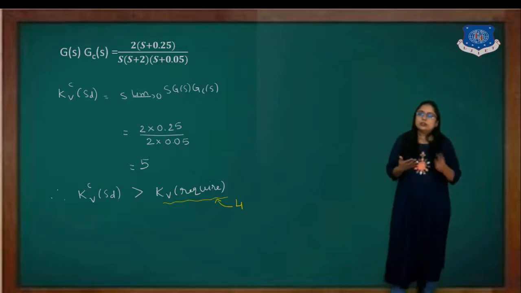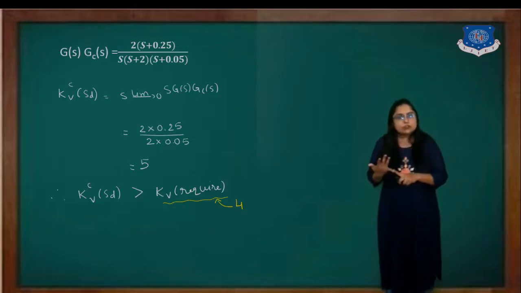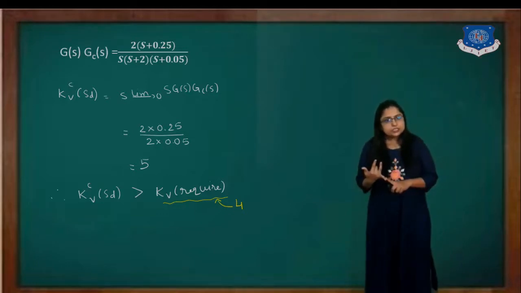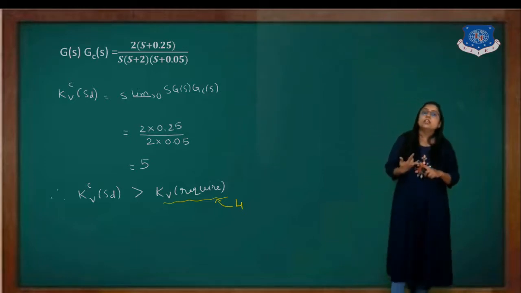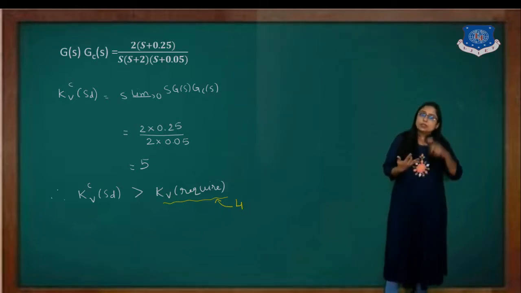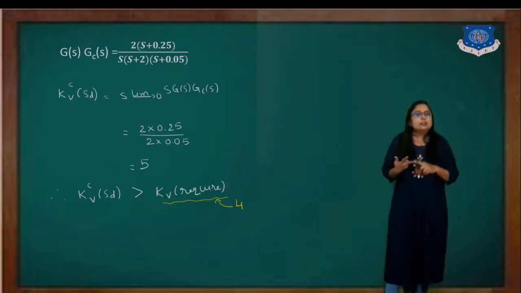Alright. So here what you have to do? First of all, you have to draw the uncompensated system. Then you have to find the gain of the uncompensated system, that is the vector length. Then you have to find the KV required, that is 1 upon ESS.